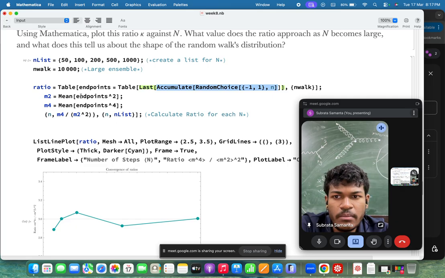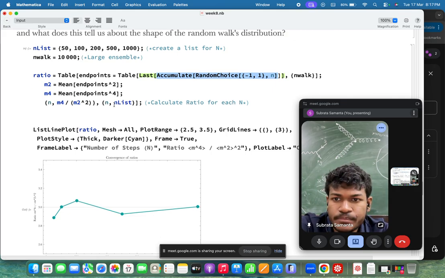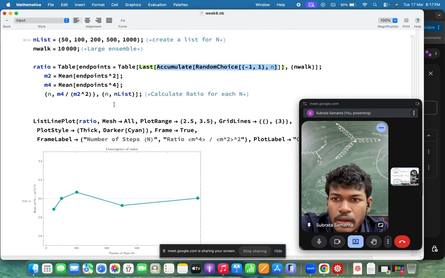So, M2 is the mean of endpoints square, and M4 is basically the mean of endpoints to the power 4. And for this n list, n equals 50, I calculate this, n equals 100, I calculate this, and I make a table for each n.